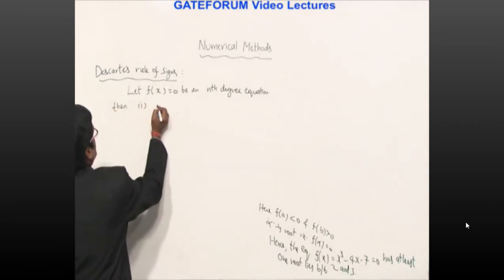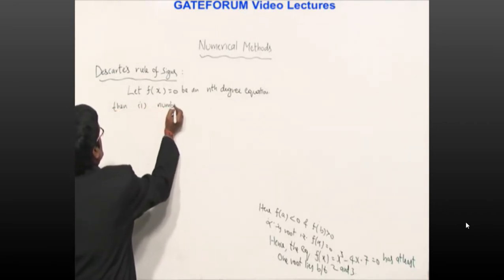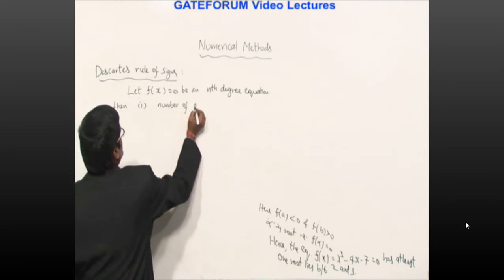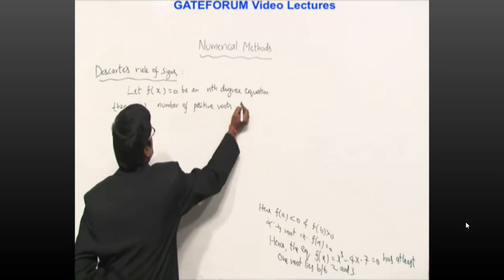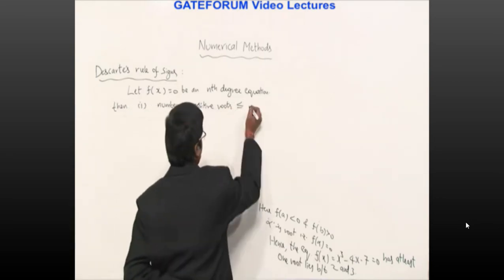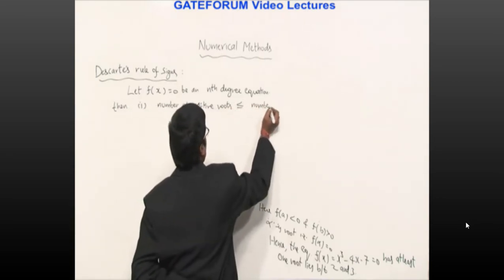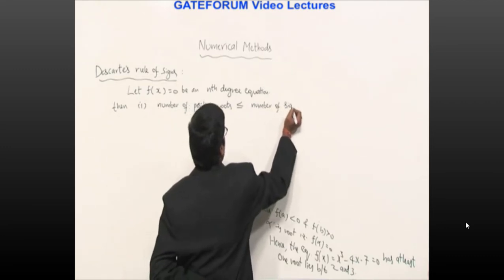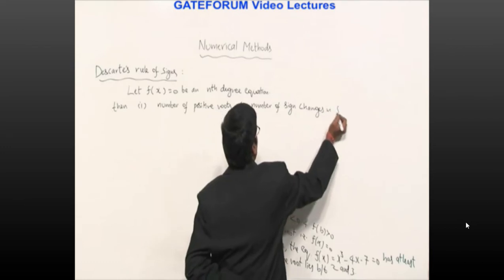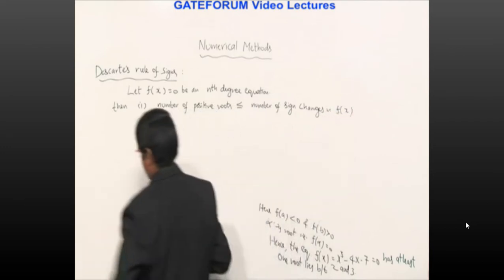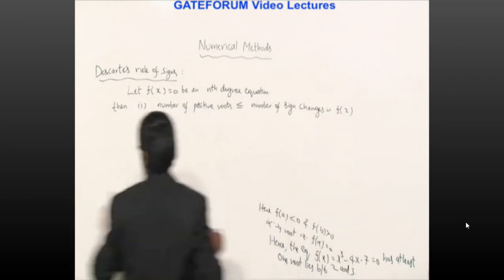1. Number of positive real roots is always less than or equal to number of sign changes in f of x. 2.